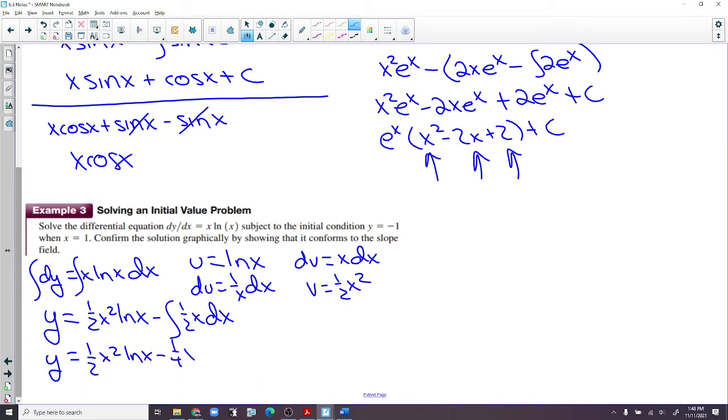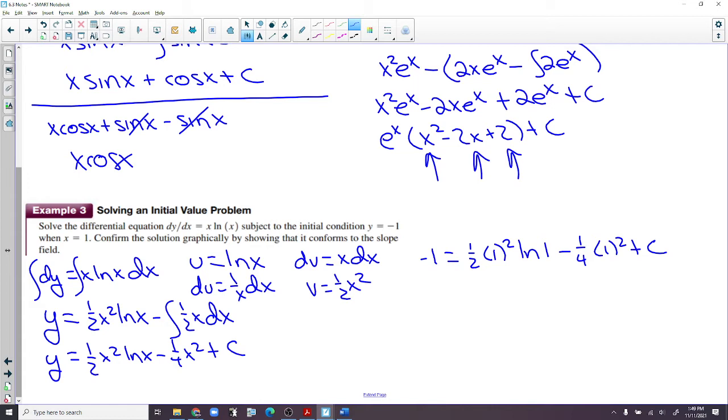Minus 1/4 x squared plus c. Let's finish it out. Negative 1 is equal to 1/2 times 1 squared, natural log of 1, minus 1/4 times 1 squared plus c. So we show that we're using the values.